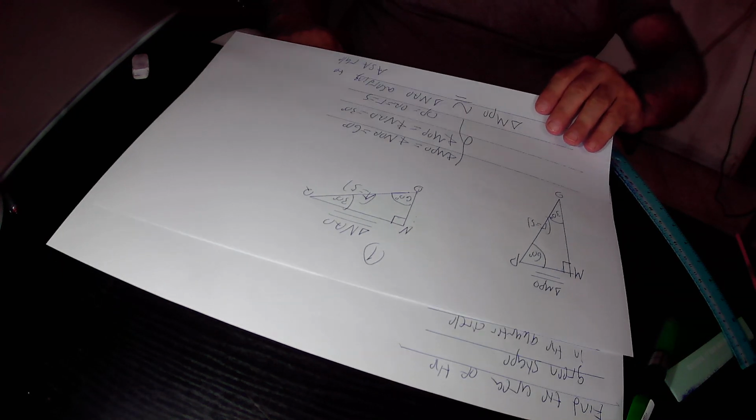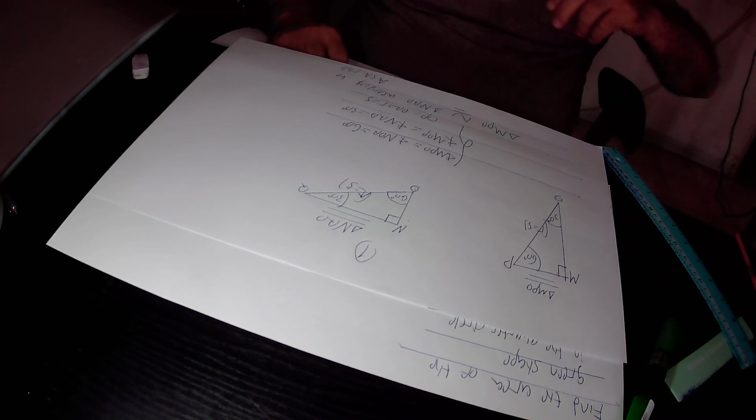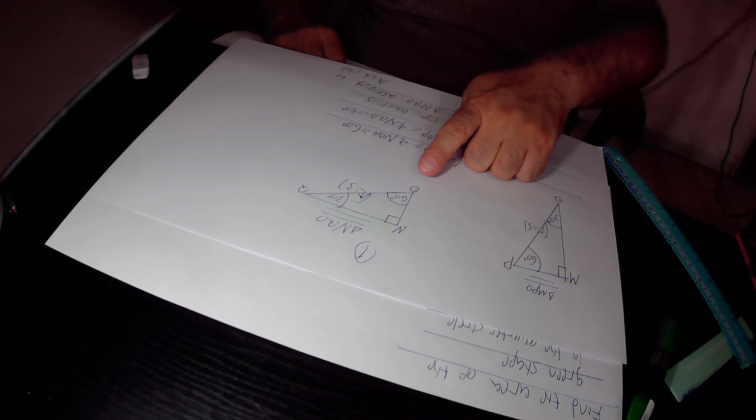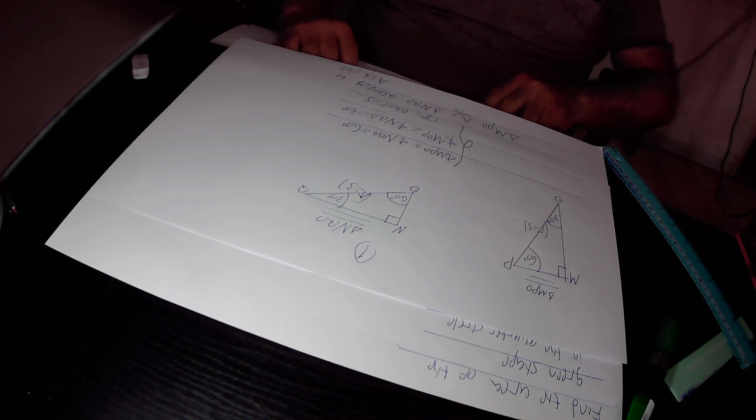Okay, so therefore the area of triangle NPO is equal to the area of this triangle NQO. So I write it down.